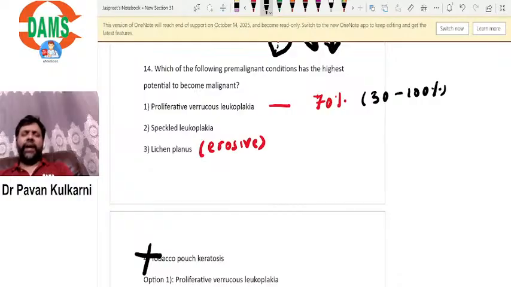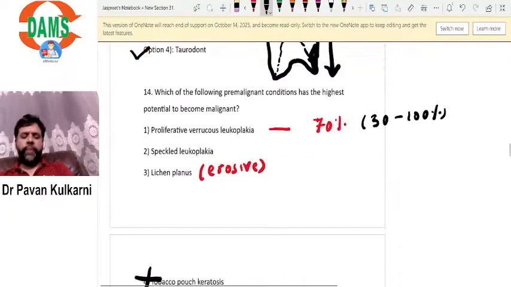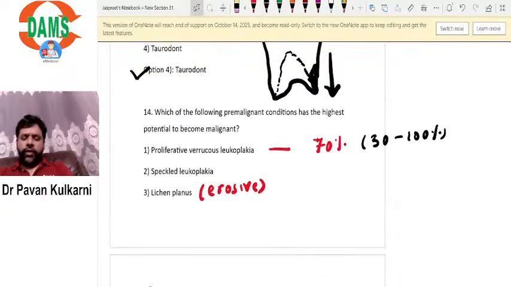Speckled leukoplakia and others are very low. Then you have lichen planus and those things. Speckled leukoplakia is also known as nodular leukoplakia. Please remember, there is another name for speckled leukoplakia, where you will see red and white patches together.